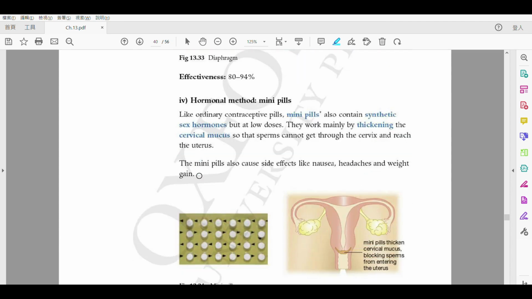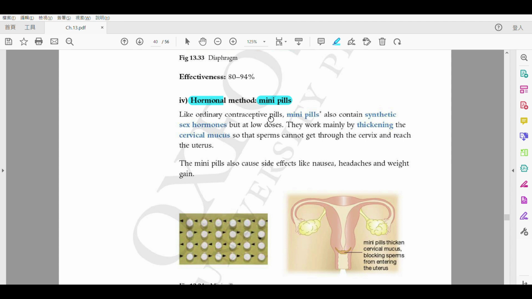Be careful, this one is quite similar to contraceptive pills. In Chinese, it is called the morning-after pill. The previous one is the contraceptive pill, and this is the mini pill, the emergency contraceptive pill. That means unfortunately your partner forgot to wear a condom and there is semen inside the female's body, but you don't want to get pregnant.